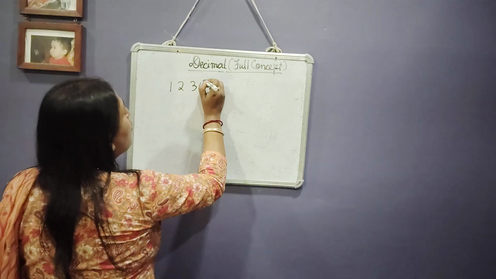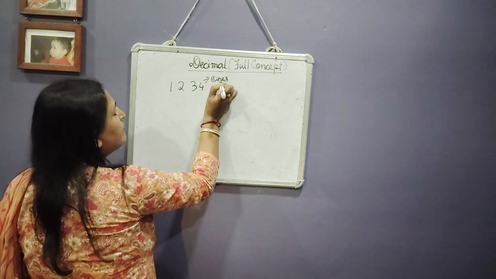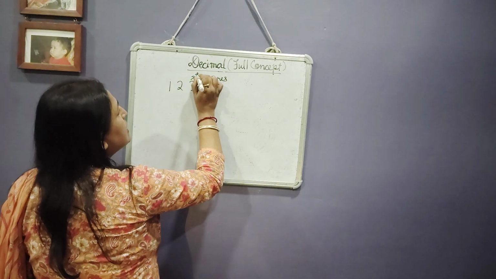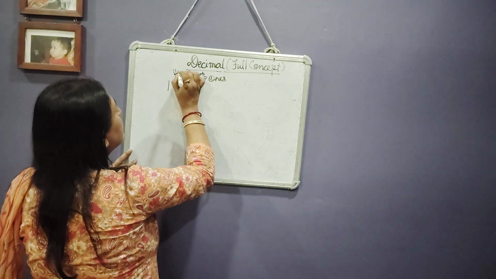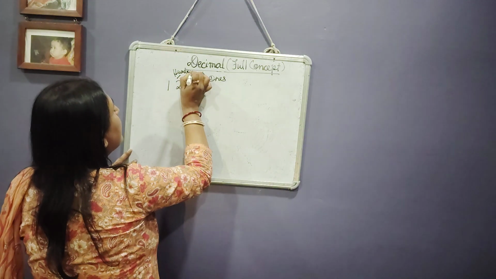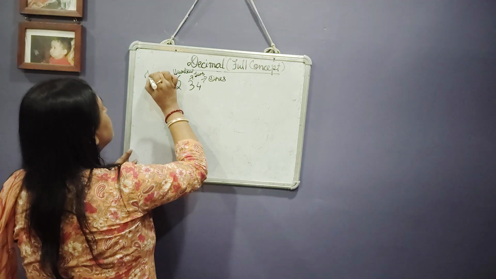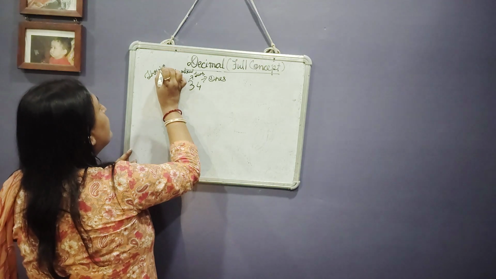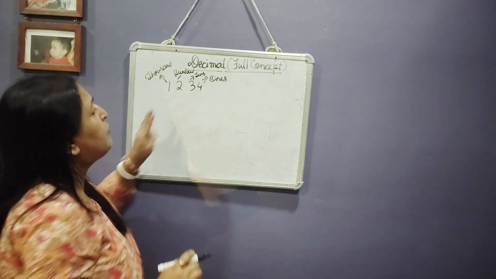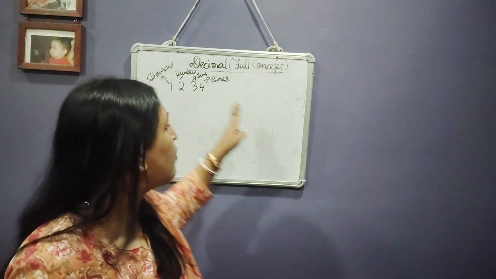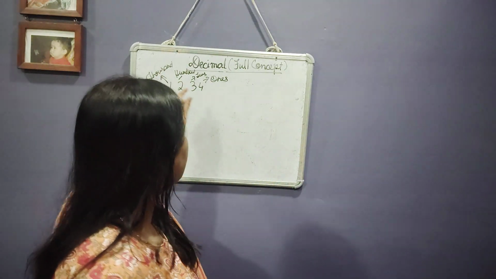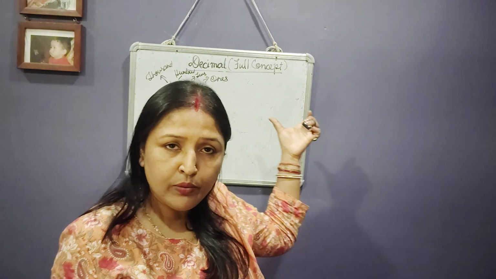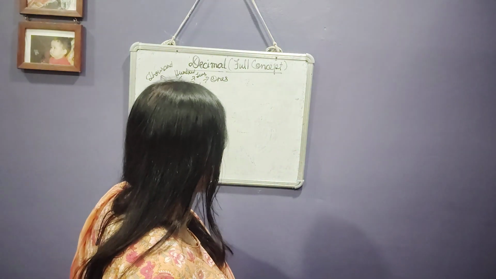This is the ones place, this is the tens place, this is the hundreds place, and this is the thousands place. So if you read this number, you read ones, tens, hundreds, thousands, like this, isn't it? So how will you read this number?